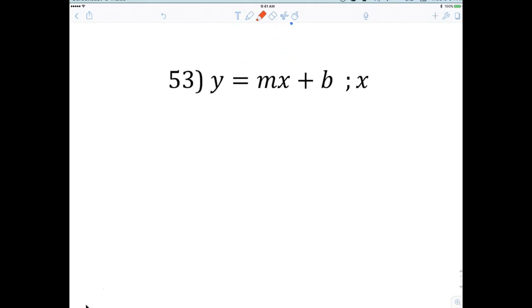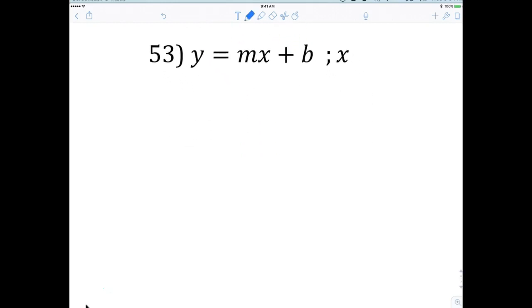All right. Let's look at 53 now, please. Here we go. We're solving for x. So if you want to highlight x. This is pretty much a one-step equation. You should be able to do this whole thing. So I want you to say x is equal to y minus b divided by.